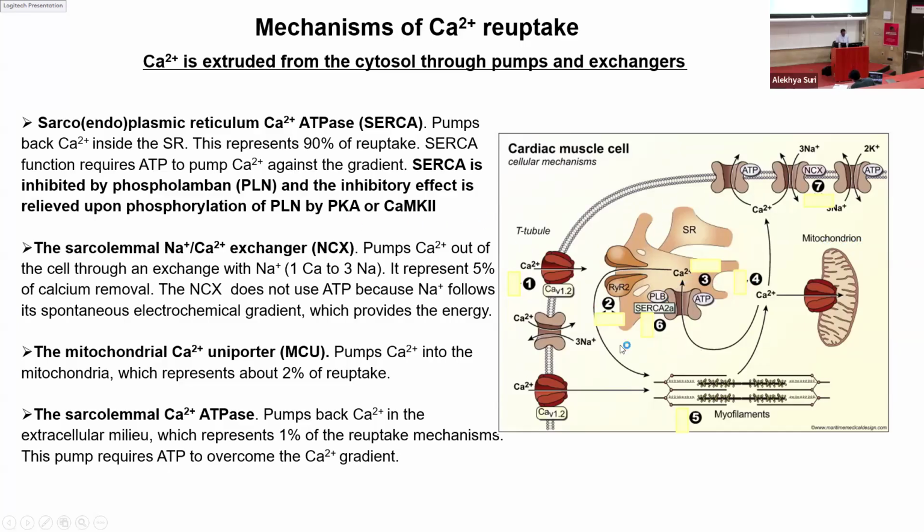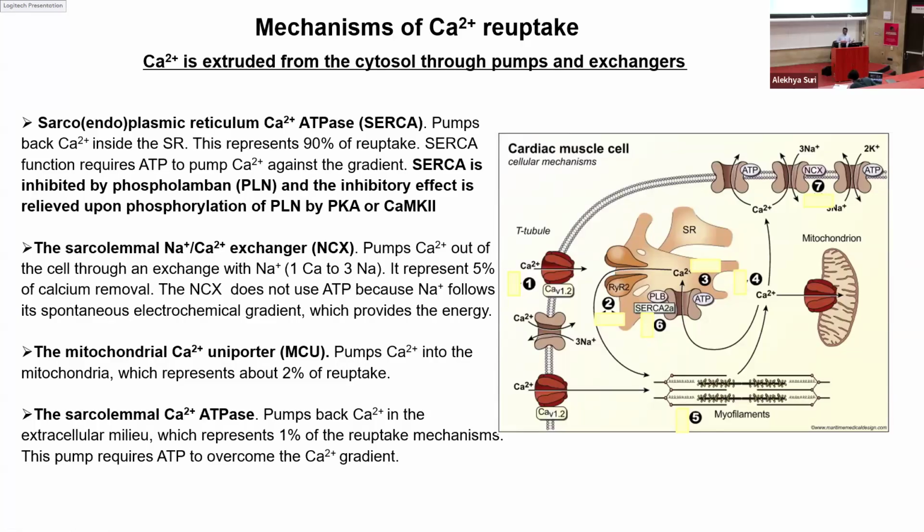And the activity of this pump is regulated by a protein called phospholamban. The phospholamban is an inhibitor of the SERCA pump. However, the phospholamban is phosphorylated by PKA or CaM kinase, and then the phospholamban will relieve its inhibitory effect, so the pump will be more active.